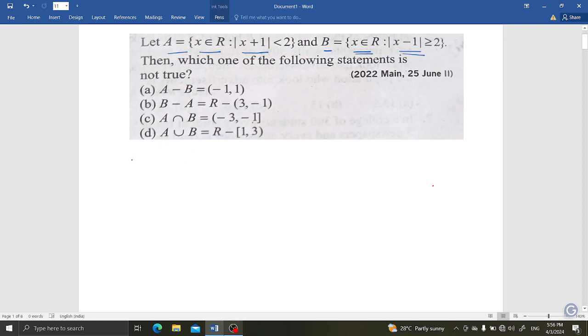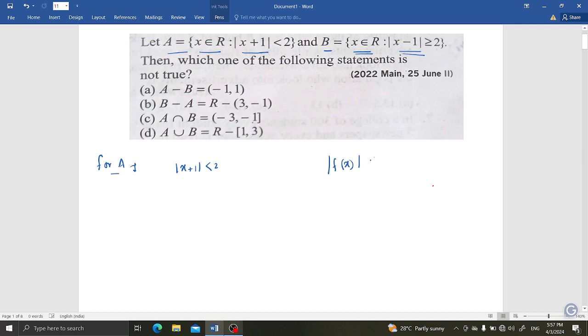Now, for A, I need to find explicitly the set A, what exactly it looks like. So I'll solve this inequality, mod of x plus 1 less than 2. Before solving it, I want to recall something.